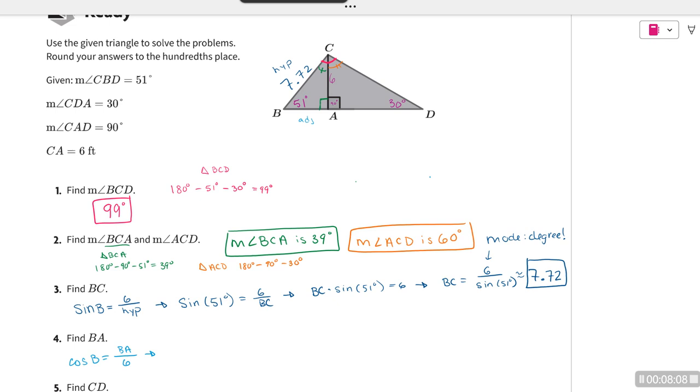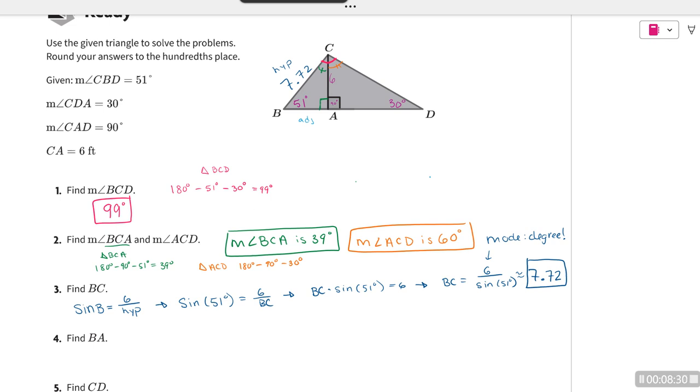I know that my angle there is 51 degrees, and that's going to be BA over 6, over 7.72. And actually, you know what? Let's avoid using that 7.72. My apologies, I'm going to backtrack a little.